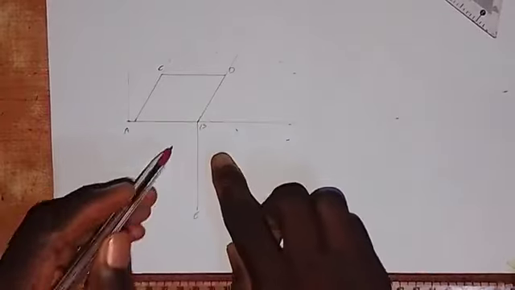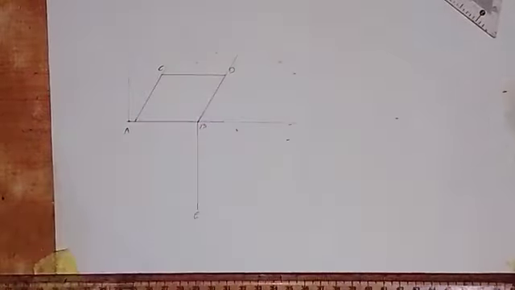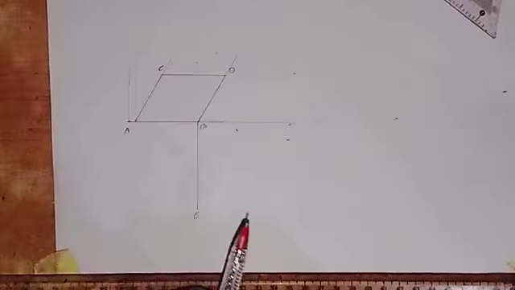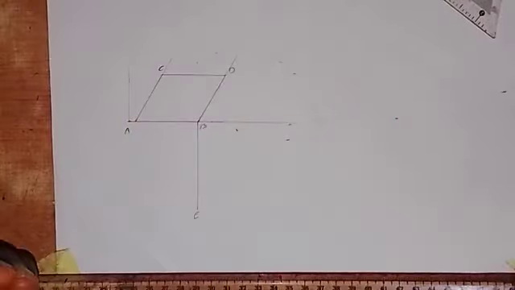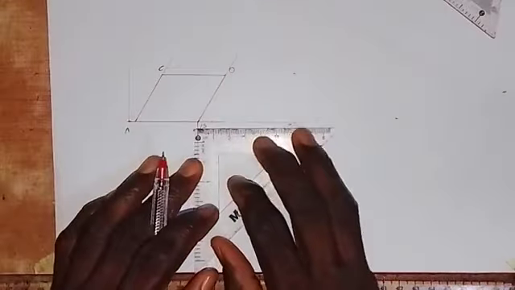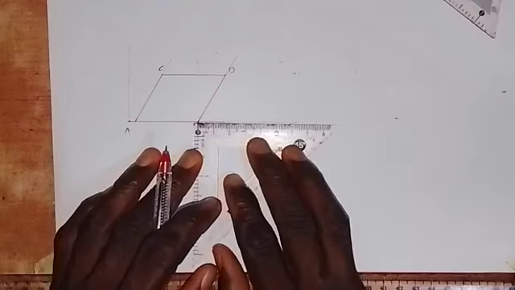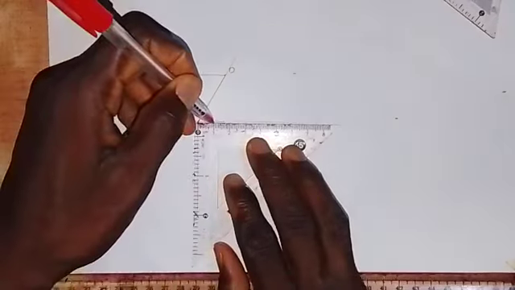We are going to make 6 equal points on this line because the highest value in the ratio is 6. So decide on the length that you want. I will make it 10 millimeters each.